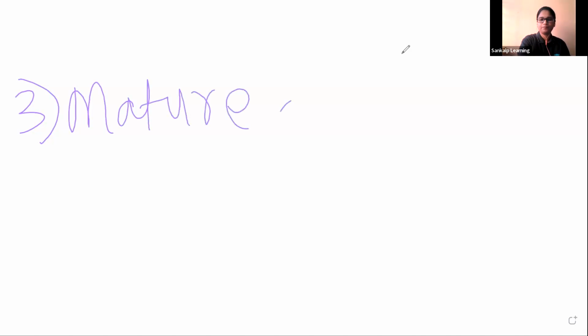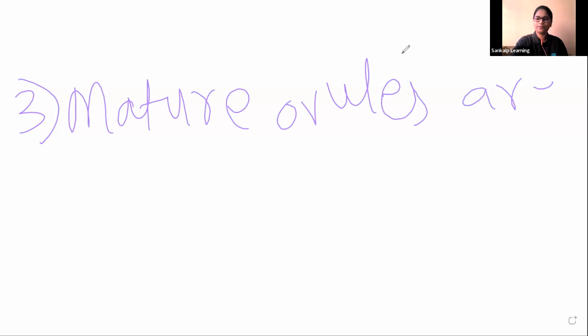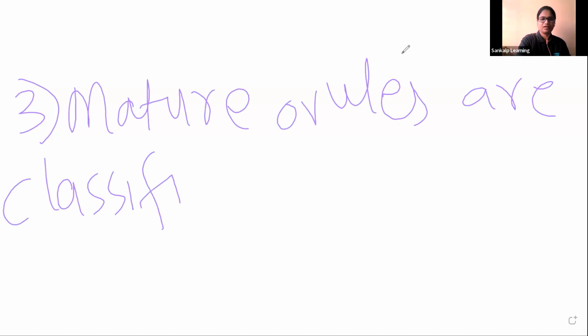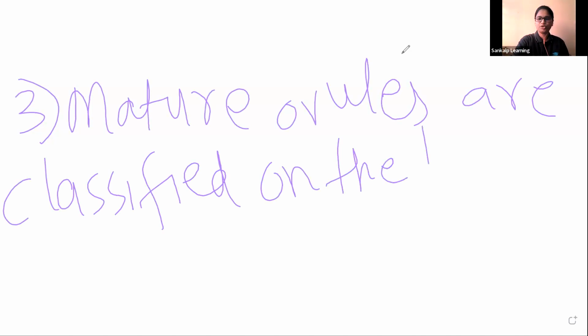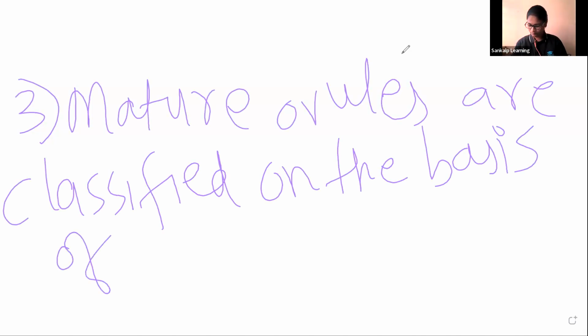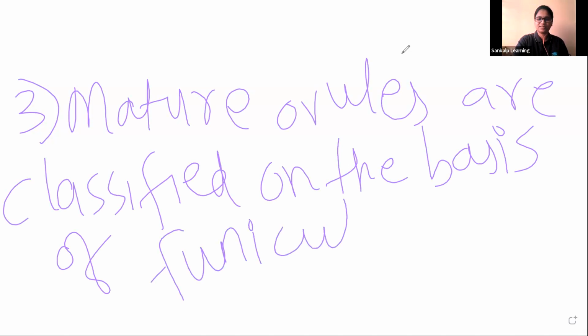Third one. Mature ovules are classified on the basis of the funiculus. This is a half part of a question.